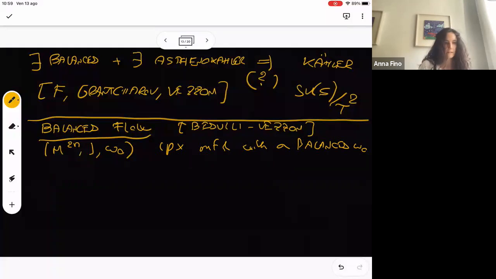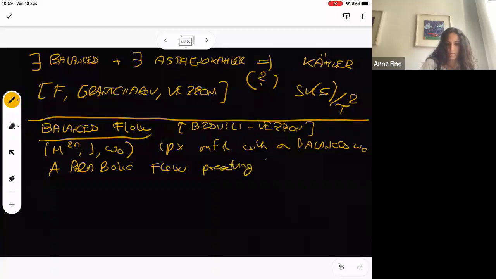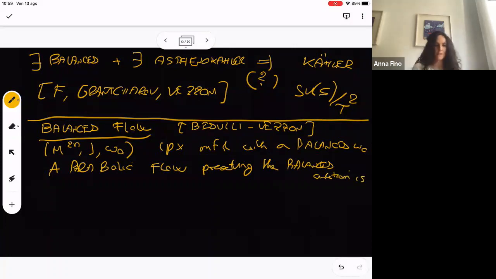This flow is a parabolic flow preserving the balanced condition. The main problem here is that when you consider something evolving the pluriclosed metric, you evolve the (1,1)-form.